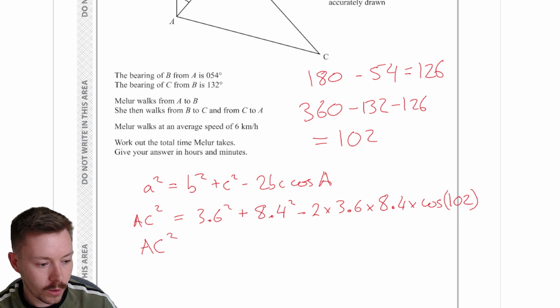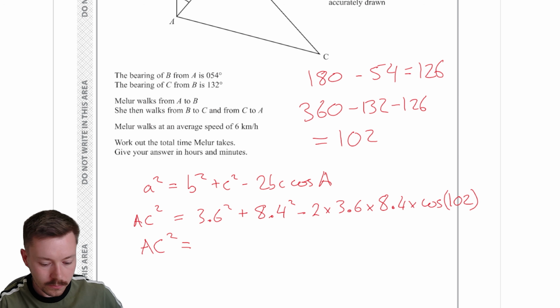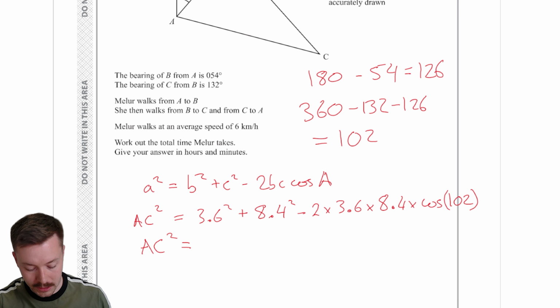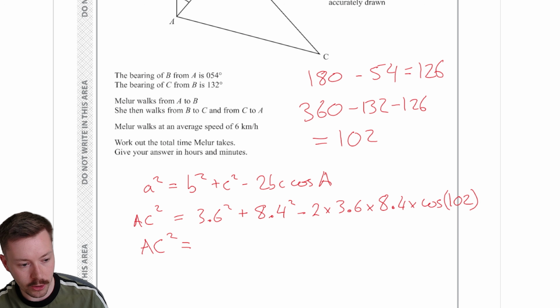AC squared is equal to, and I'll grab my calculator, put all of this in, all in one go. 3.6 squared plus 8.4 squared minus 2 times 3.6 times 8.4 times cos of 102, and that gives me 96.094 dot dot dot.